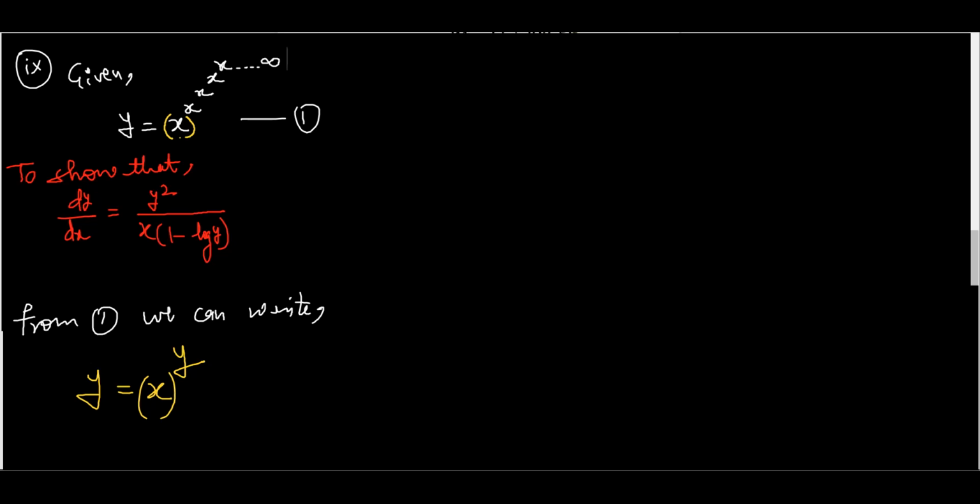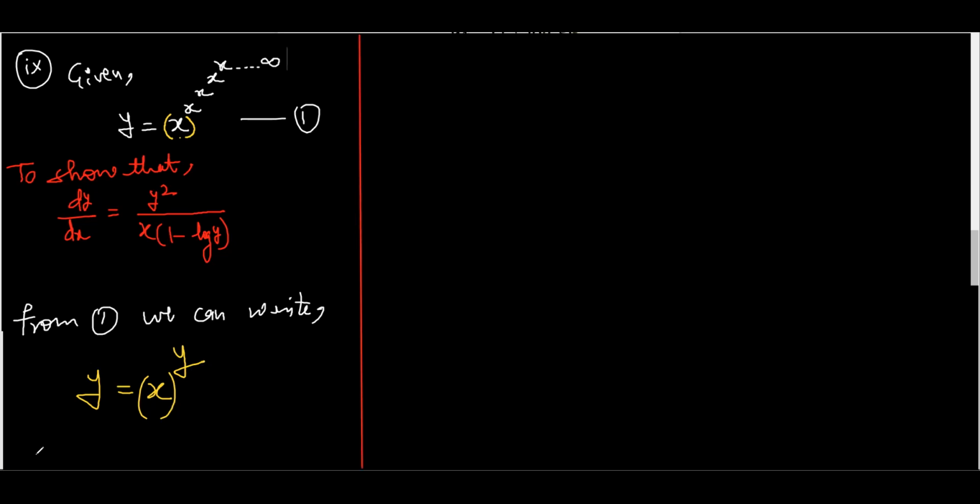Now what I will do next, I will take log on both sides. Why do I take log on both sides? Because on the right hand side, I have x raised to y, which is variable raised to variable. x and y both are variables.